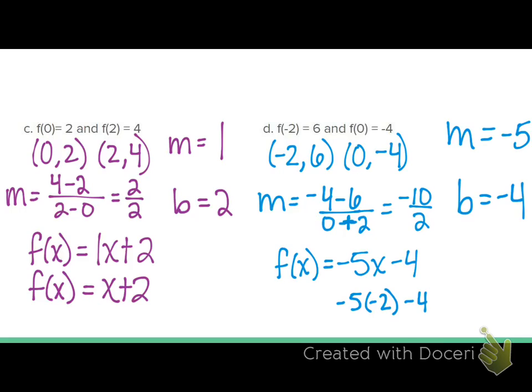What's negative 5 times negative 2? 10, and 10 minus 4 is 6. So that's what they said we should get. So you can always double check your functions by plugging the x's back in. So if you ever want to know if you're right, you can check yourself. Questions on letters C and D?